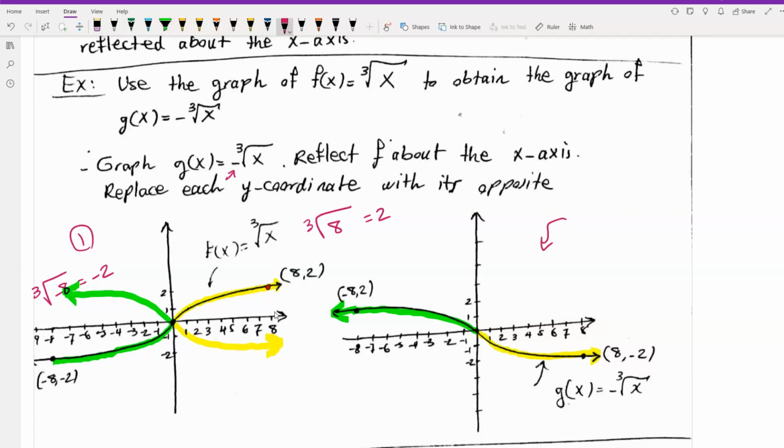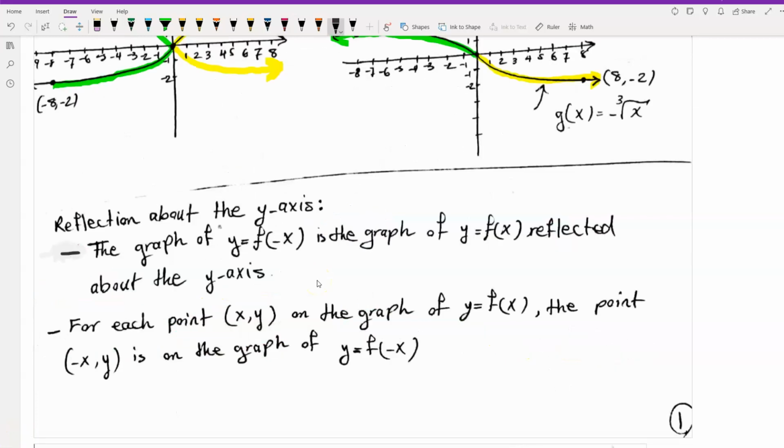So this is g of x equal to negative cube root of x. Reflection across the y-axis: the graph of y equal to f of negative x is the graph of y equal to f of x reflected across the y-axis. The difference between this and what we had on top is that this negative is inside, as the input.